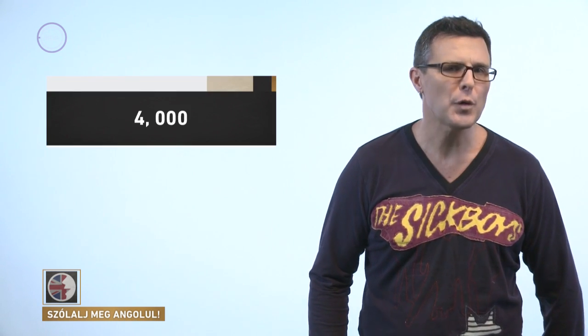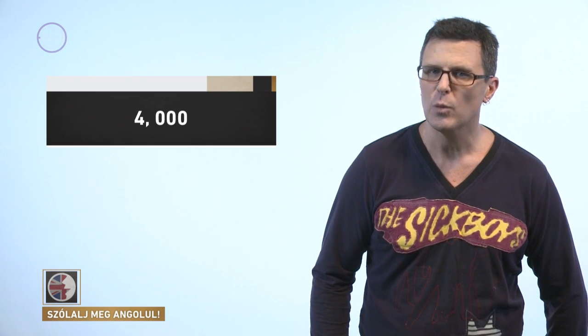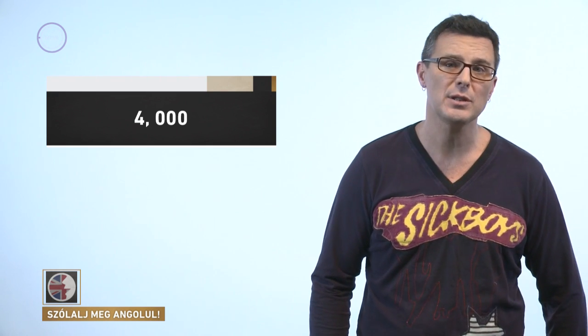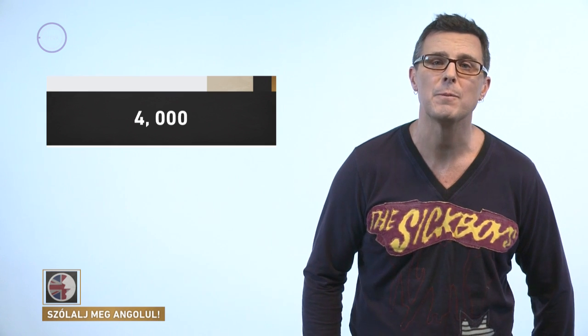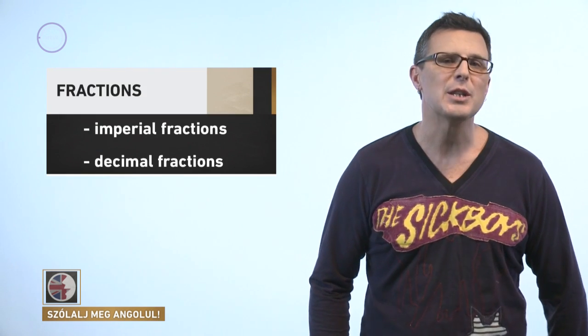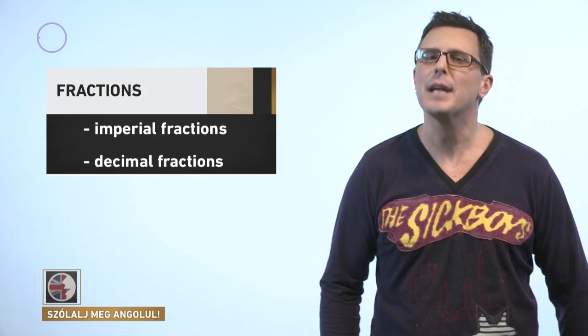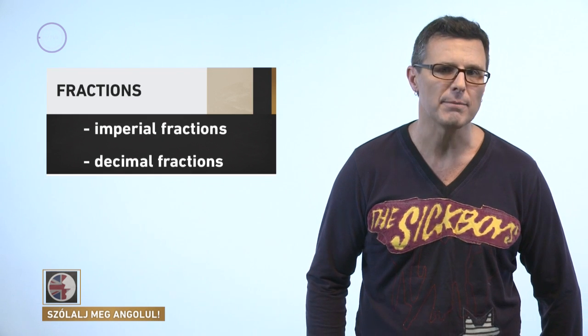Now, as you all recall, after that we started learning bigger numbers. We went into the thousands, and we learned that we always put a comma before the last three digits. When we write 4,000, for example, we put a comma after the 4 to separate the thousands from the rest of the number. We also learned about fractions, things that are smaller than 1.